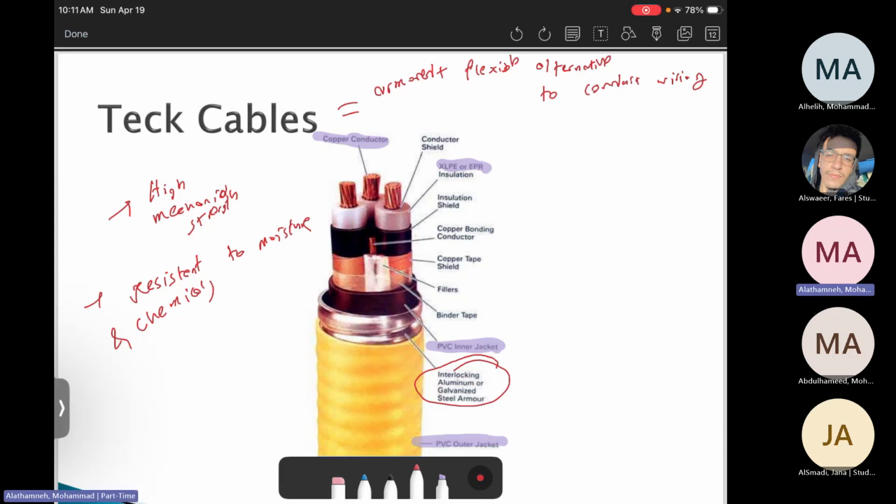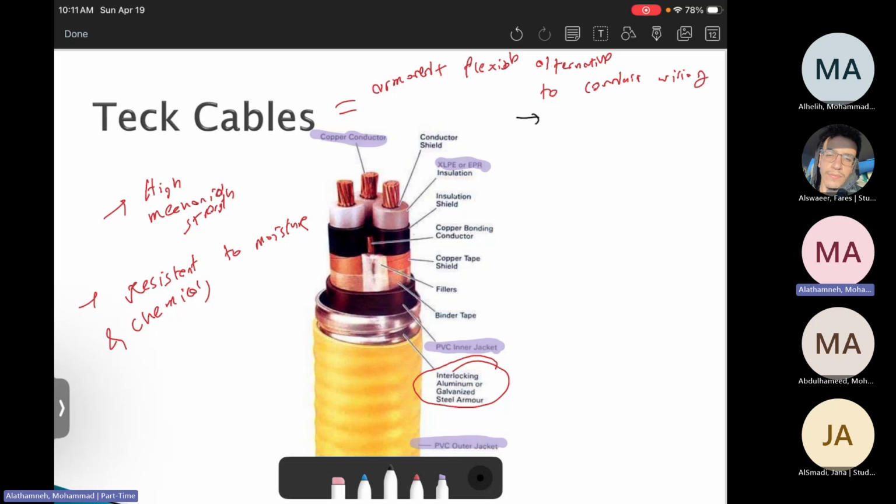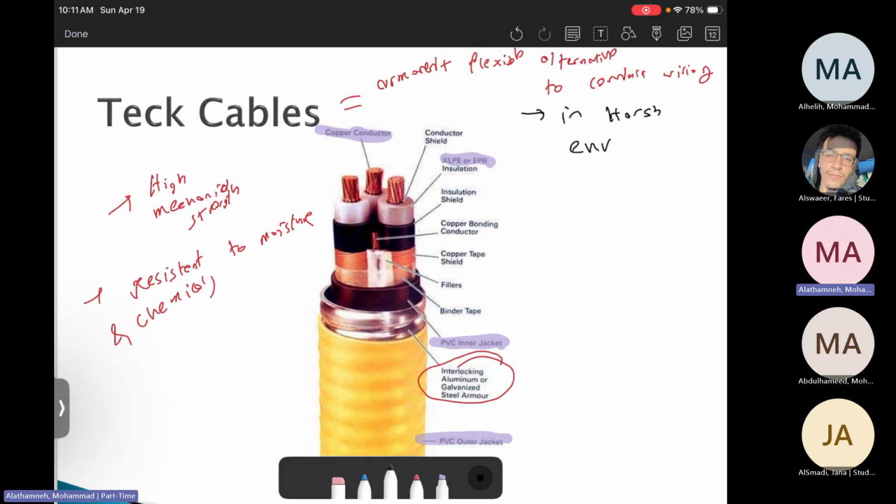Where should we use it? We can use it, for example, in harsh environments. That's the good thing about it.